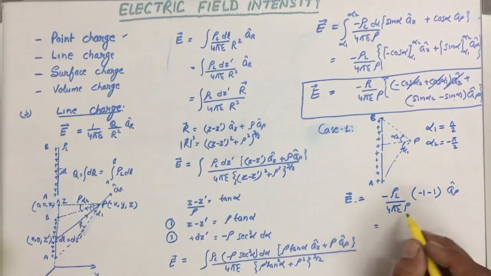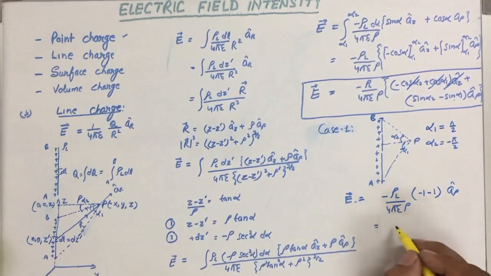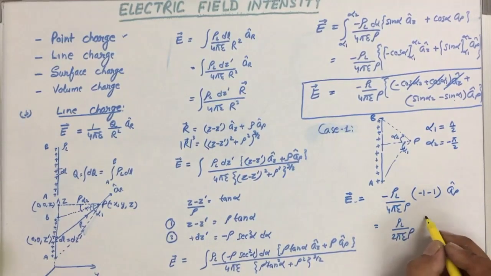So finalizing this, we can say minus 2 will be multiplied here, rho L divided by 2 pi epsilon rho, a rho.